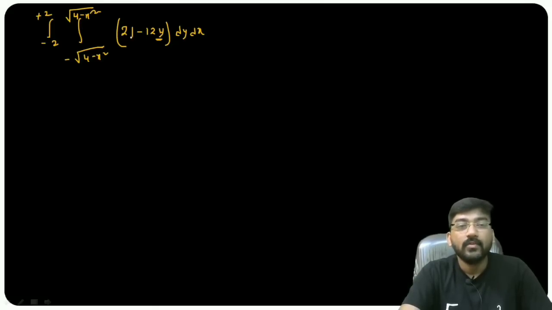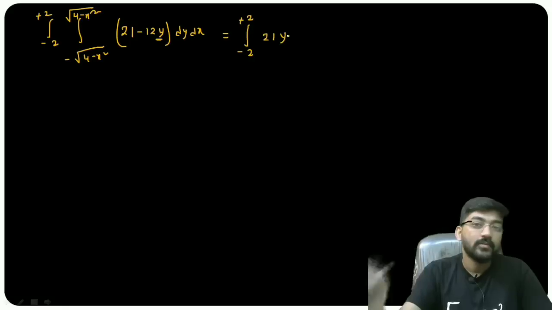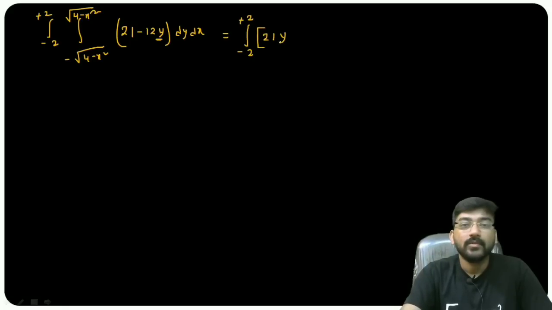So the only integration will be 21, so it will be the integration from minus 2 to plus 2 of 21 dy dx, but the limit for y will be minus root over 4 minus x square to plus root over 4 minus x square, and only dx.